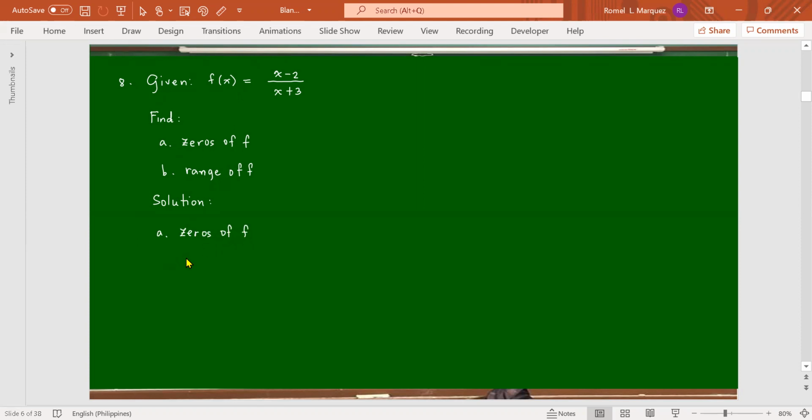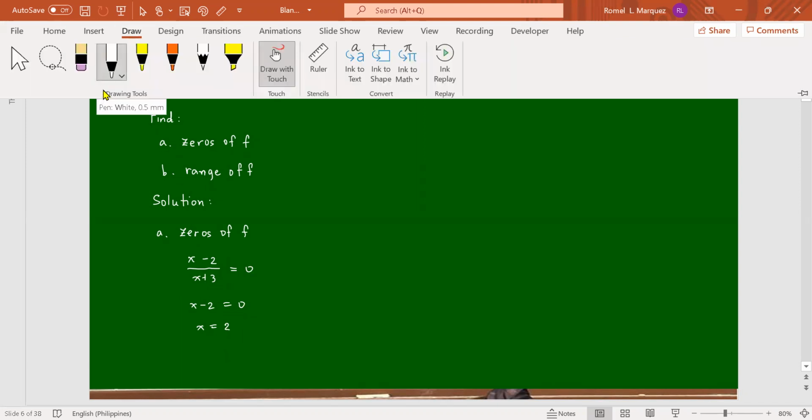We have to equate f of x to 0. So getting x minus 2 is equal to 0. X is equal to 2. So there is only one 0 of f, and that is when x is equal to 2.